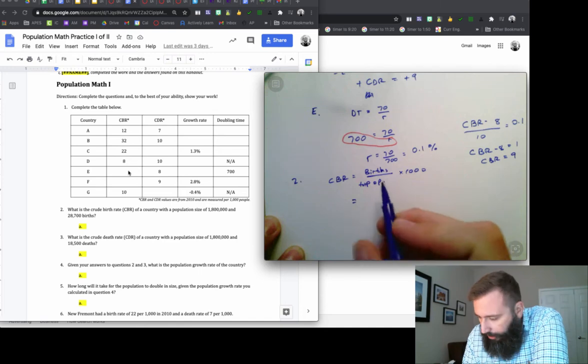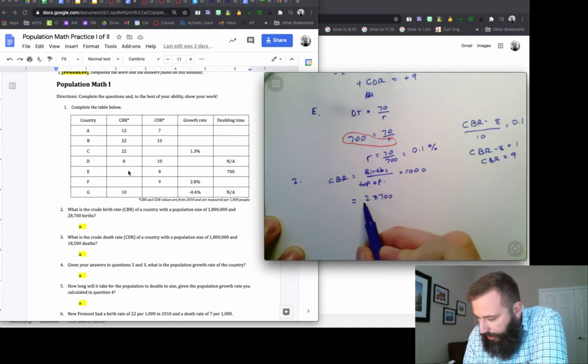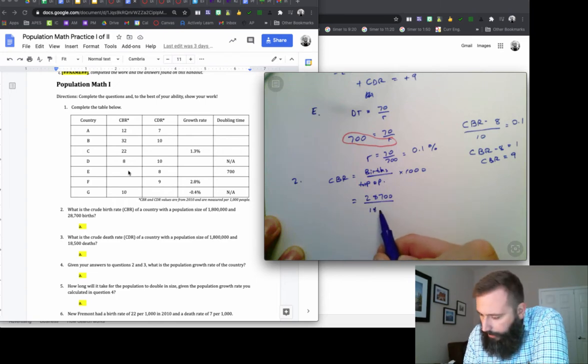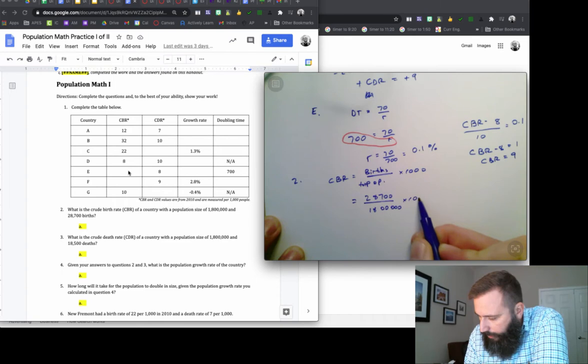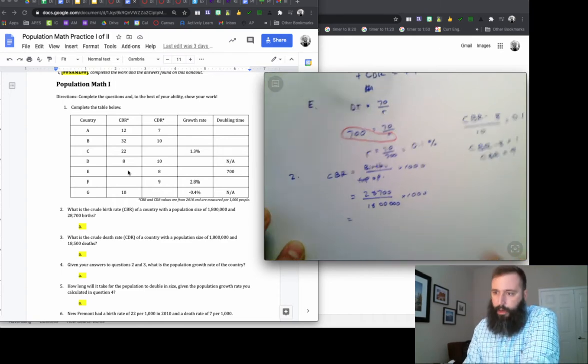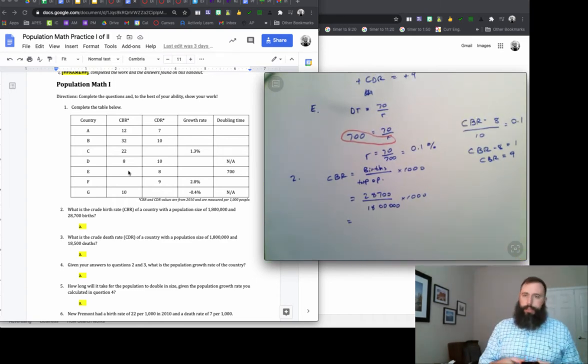All right, so we've got all the information here, so it's just a matter of solving the problem. 28,700 divided by 1,800,000 times 1,000. We need a calculator, don't we? Let's do it.